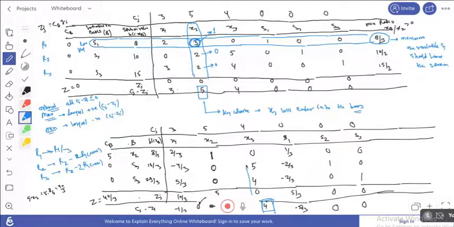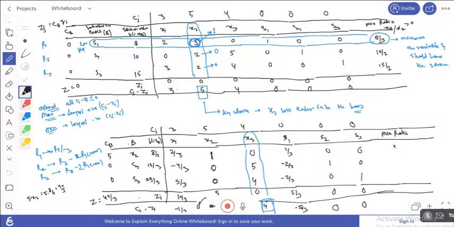So this means x3 will enter into the basis. Then you have to find the minimum ratio. What is the minimum ratio? You have to calculate the minimum ratio. Here this minimum ratio is 8 by 3.